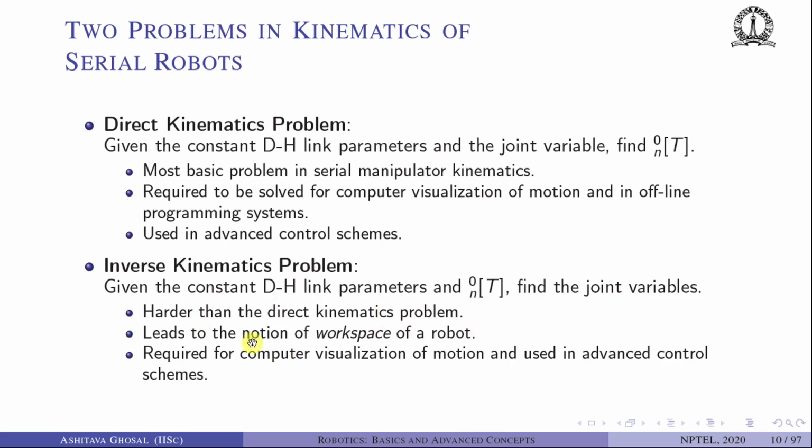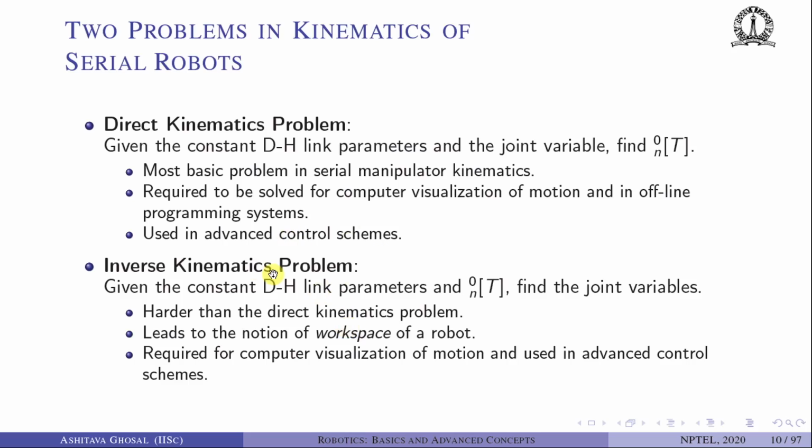I will show you that. But it leads to the notion of the workspace of a robot, which is a very important concept. As the name implies, we need to find the region in 3D space where the robot can operate. That is, intuitively speaking, what the word workspace means.